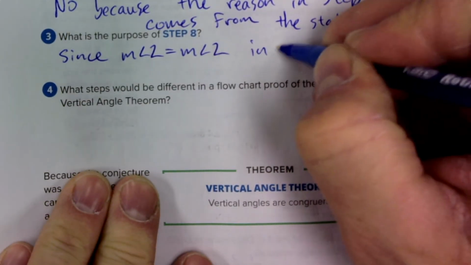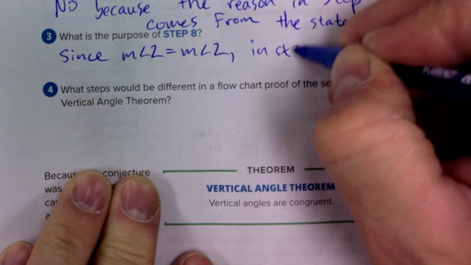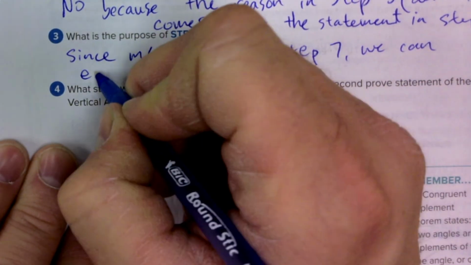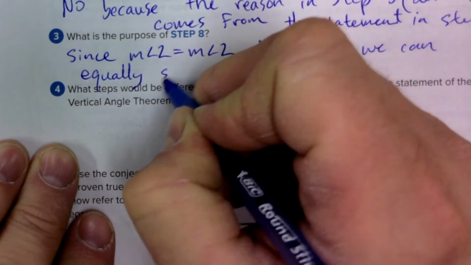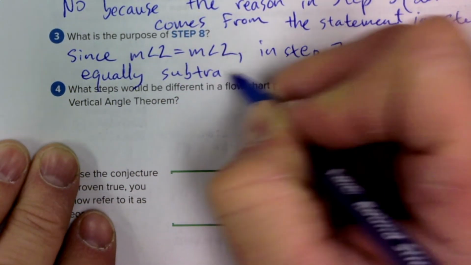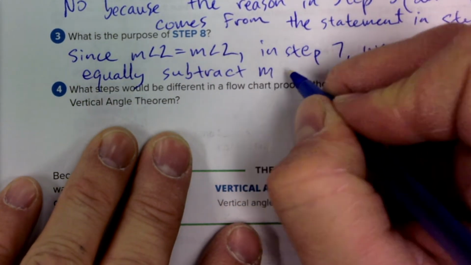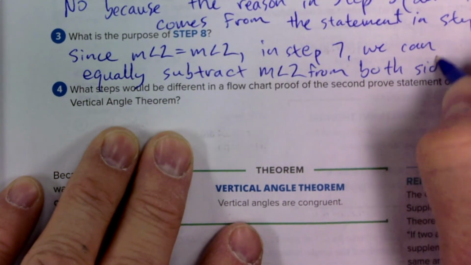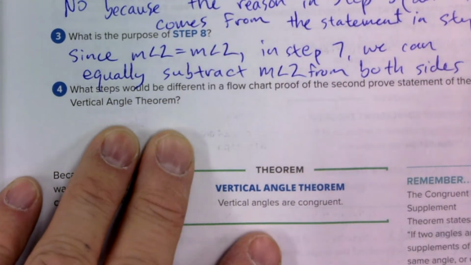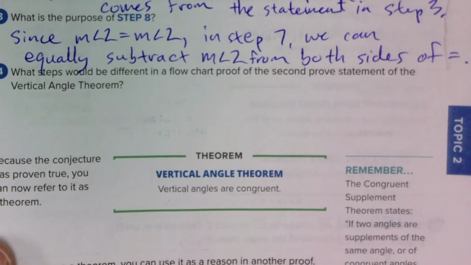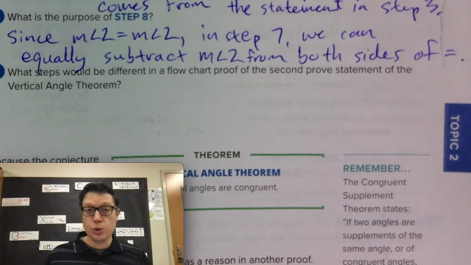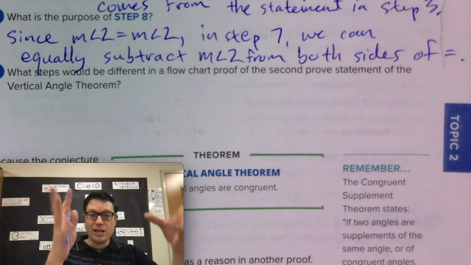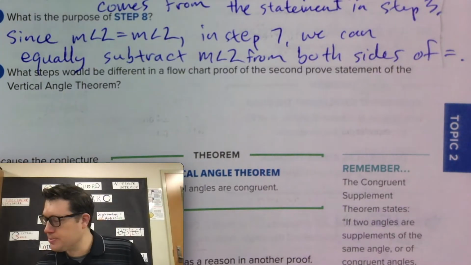So in step 7, we can equally subtract this measure of angle 2 from both sides of the equal sign. And that's a necessary thing for us to do in this moment. The measure of angle 2 equals the measure of angle 2 says that for the left side and right side of an equation, we can evenly subtract that from both sides.